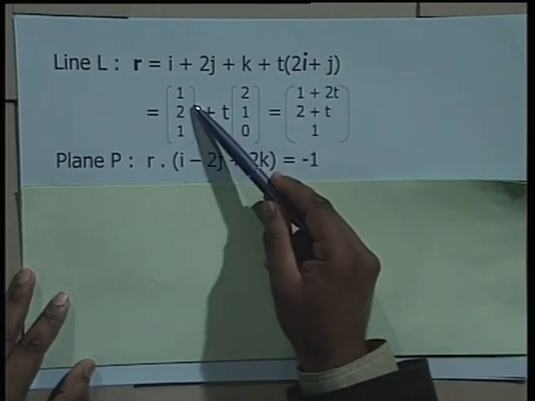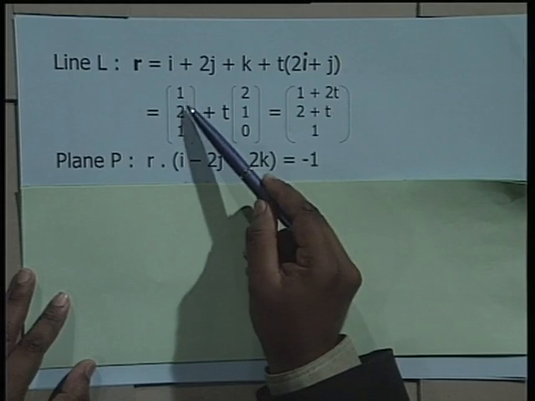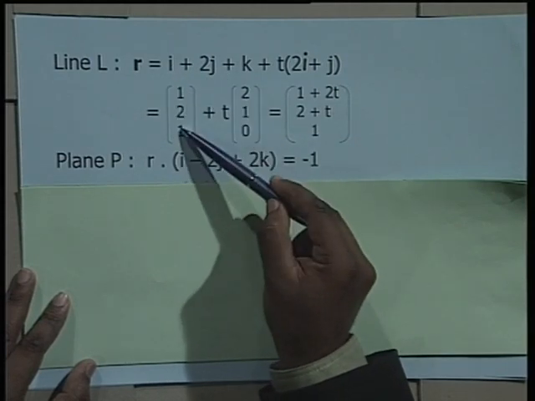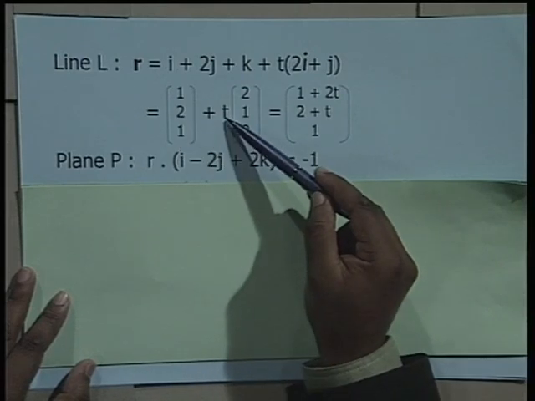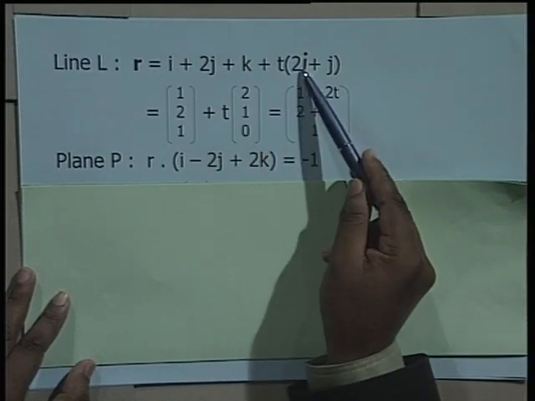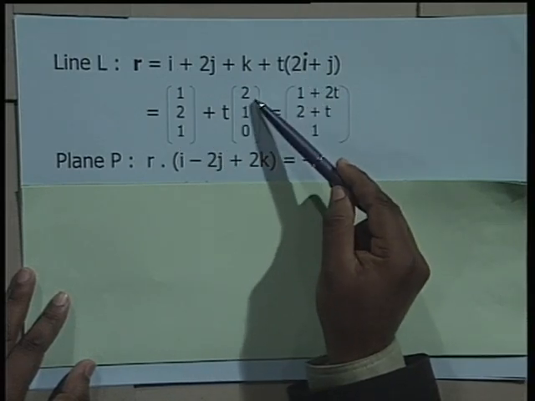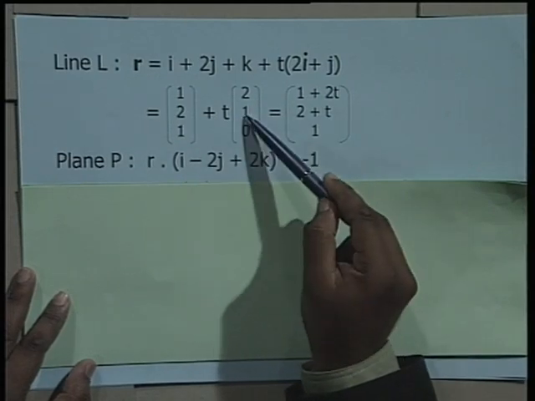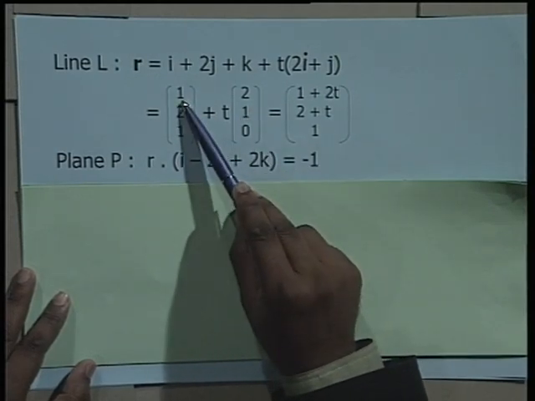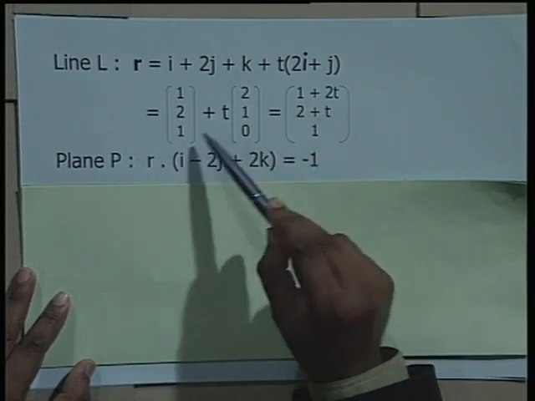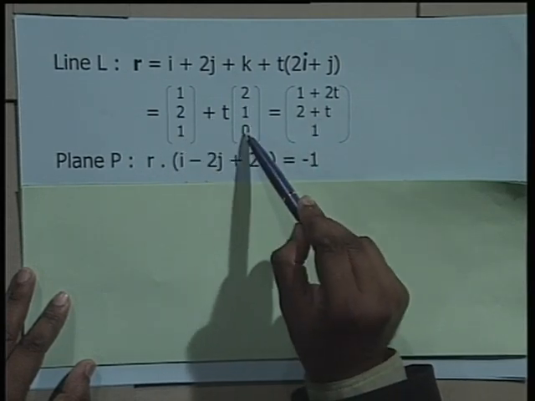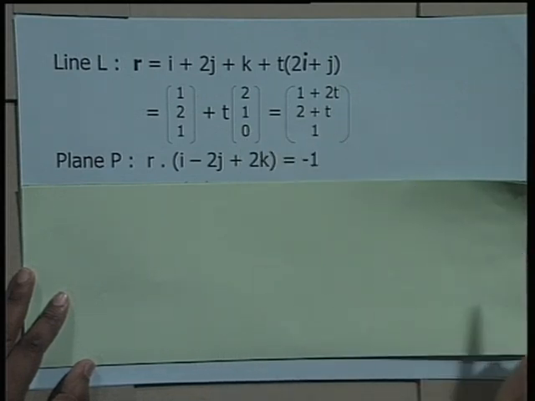We can express it as follows: (1, 2, 1), which is the position vector of a known point on the line, plus t times the direction vector of the line, which is (2, 1, 0). Simplifying the right-hand side, we get (1 plus 2t, 2 plus t, 1).